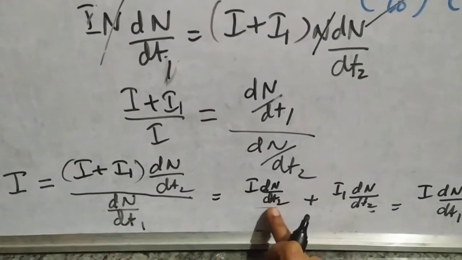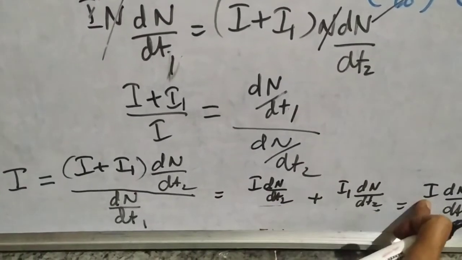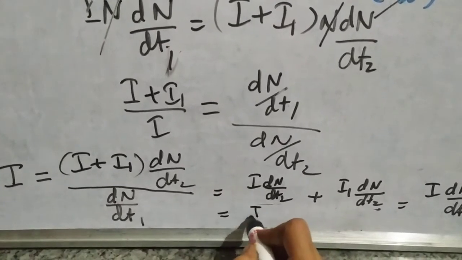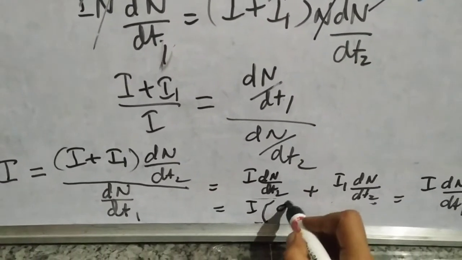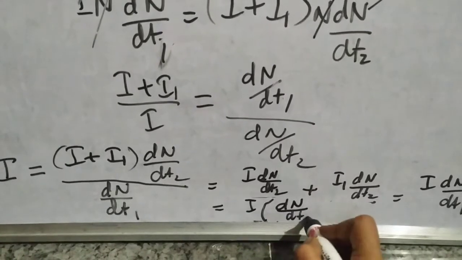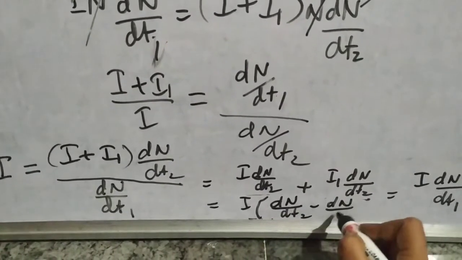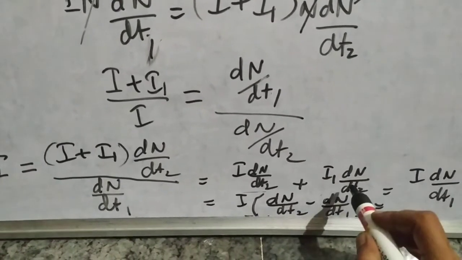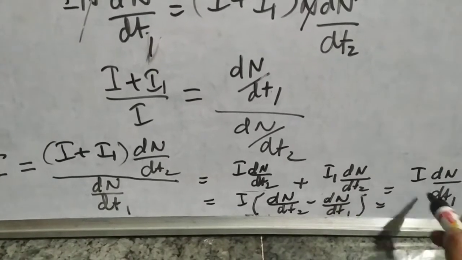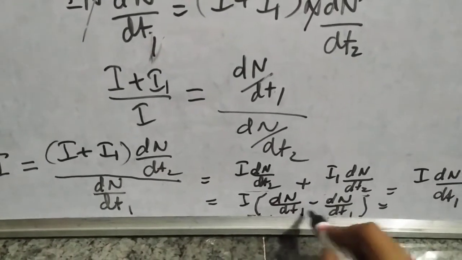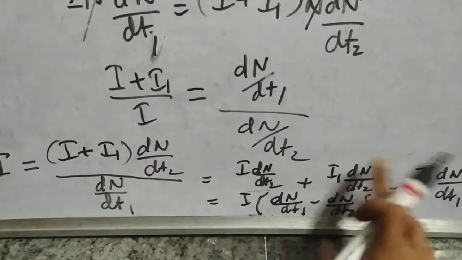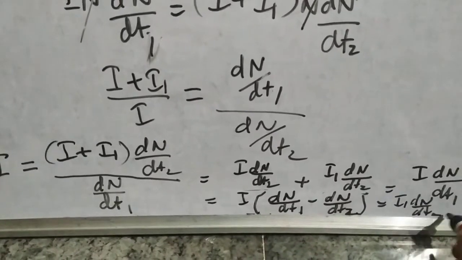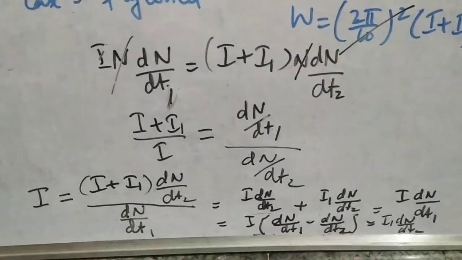So this I and I, when you collect it on one side, you will get I as a common parameter, and this will become dn by dt2 minus dn divided by dt1, is equal to, or else dn by dt1 minus dn by dt2 you may get, and this will be I1 into dn divided by dt2, right?